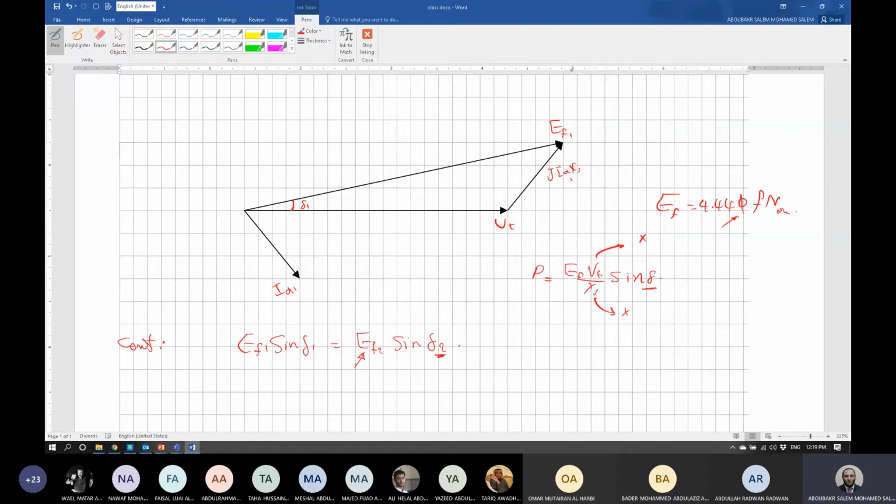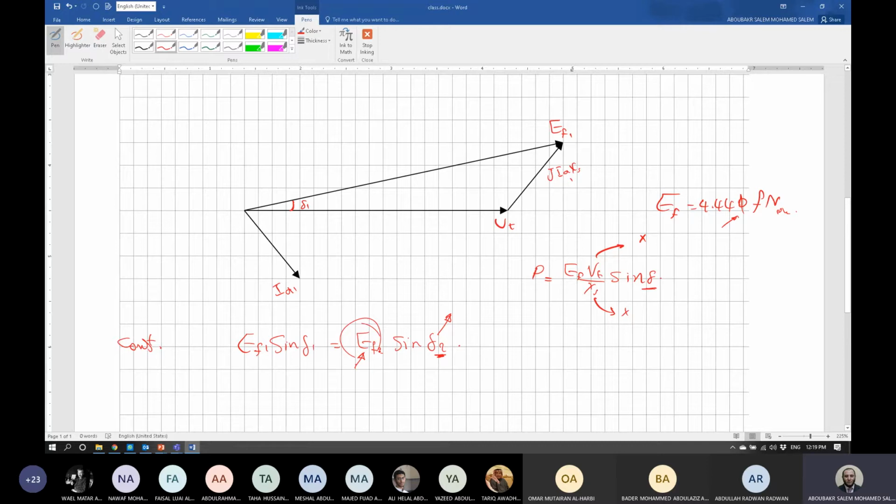So when the load increases, the sudden increase of the load leads to a sudden increase in delta. And in order to keep the power constant and avoid reaching the maximum value of delta, we should increase the value of excitation.